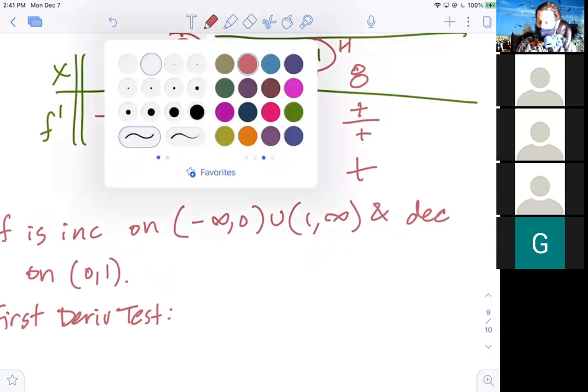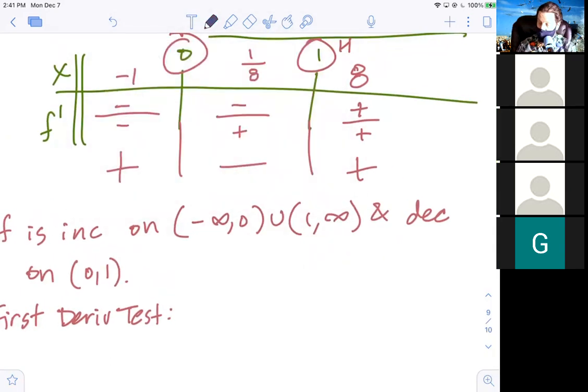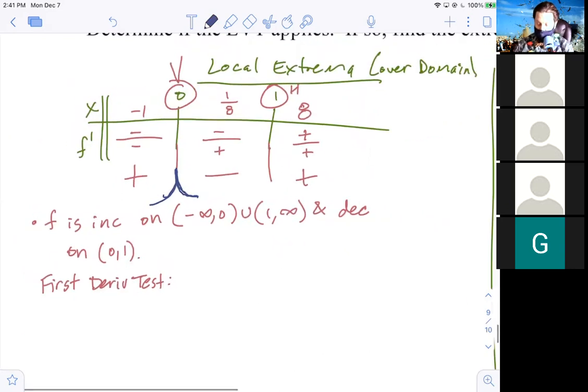Now, when you know how it goes from increasing to decreasing, it's even better. It increases to the left, and then it goes vertical, and then it decreases on the right. So this function is going to have a little cusp right there, okay? So let's just justify. F has a local max at x equals 0.